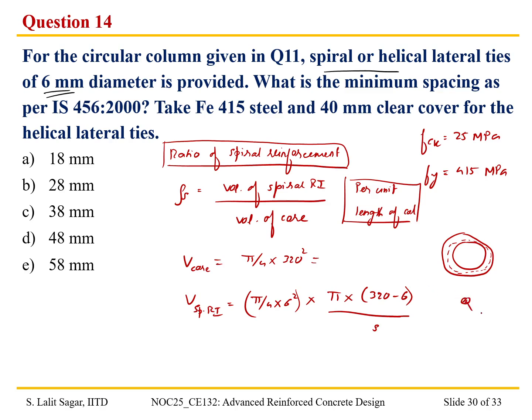This is the area of stirrup, and this figure corresponds to the length of the dotted line, and here st is the spacing between the stirrups. So essentially this equation, pi by 4 into 6 square multiplied by pi into 320 minus 6 by st, gives the volume of the spiral reinforcement.